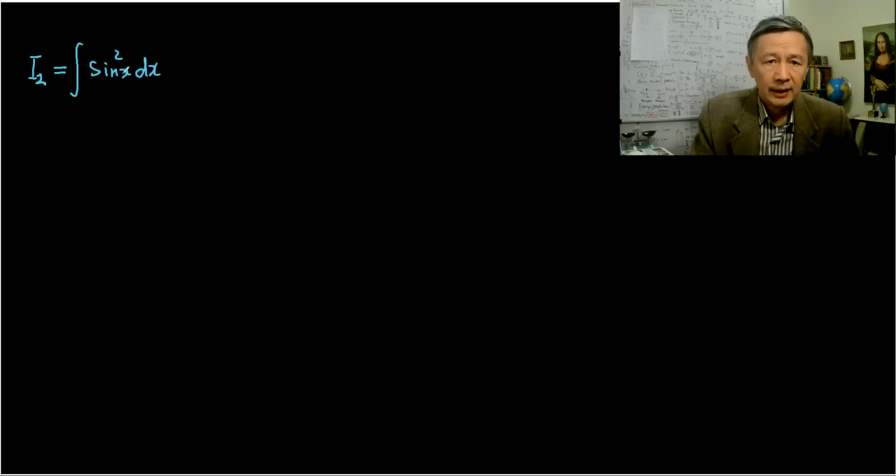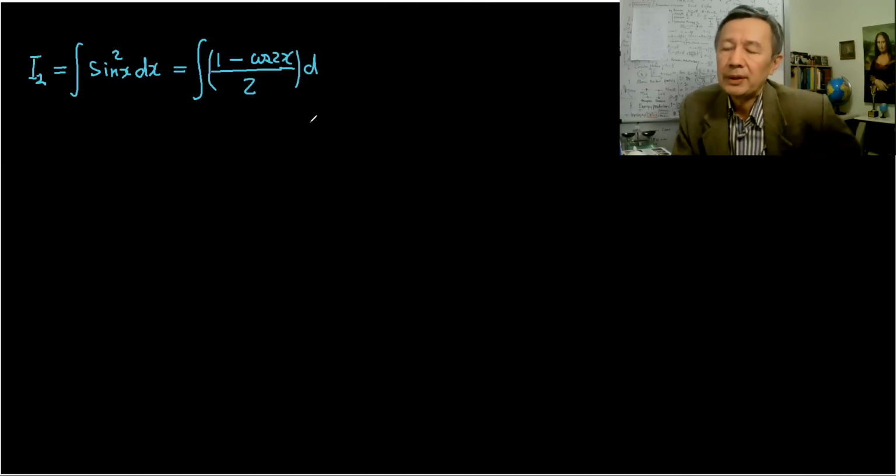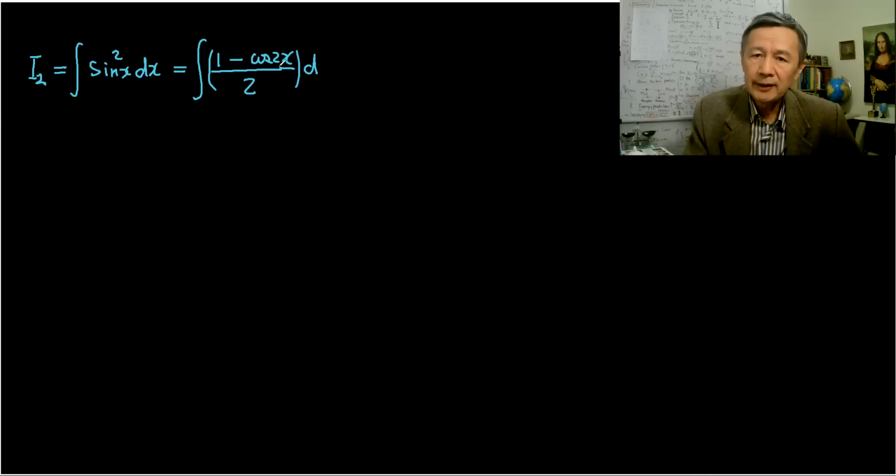When you see sine squared, we can get rid of the square by using the trigonometric function. I will write it quickly: that is half of 1 minus cosine 2x. In this way we have successfully gotten rid of the square, because it's relatively easy to deal with cosine compared with cosine squared, where the variable is x here.